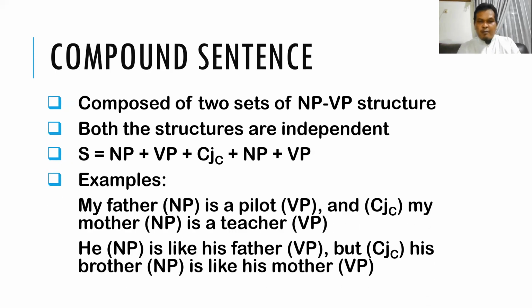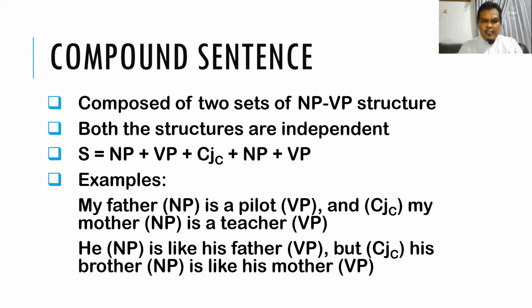The first one is my father is a pilot and my mother is a teacher. You can see that this sentence has two NPs and two VPs. The first NP is my father and the second NP is my mother.